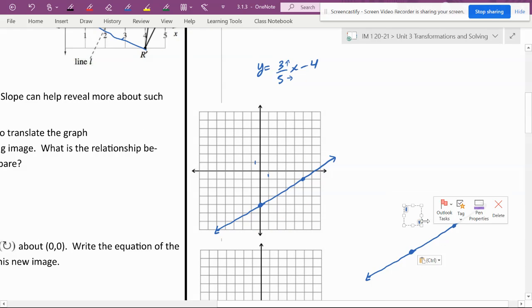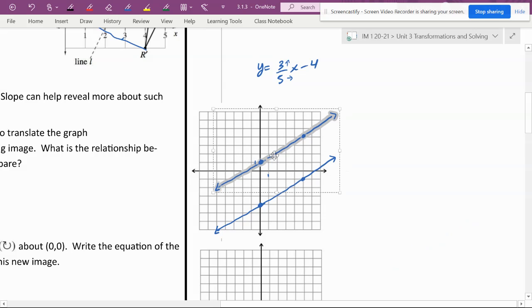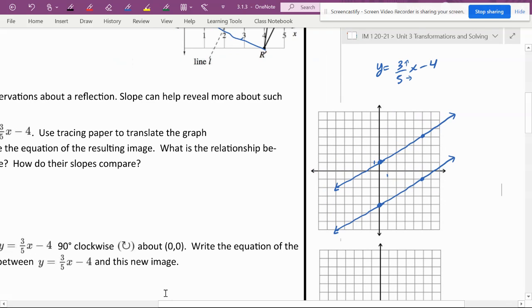I don't need these two right here. So we started off here, and then we're going to move it 5 units up: 1, 2, 3, 4, 5. All right, so now that's our new line. Let me label it as the new line, and this is the original.